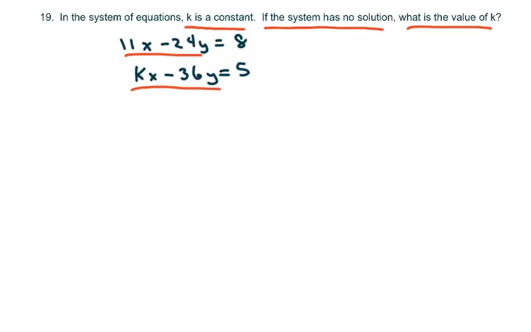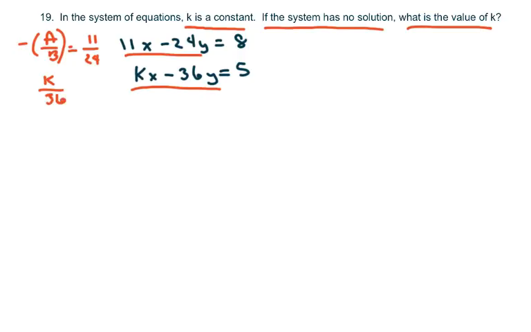So basically, you can rewrite them, or you know the slope is negative a over b. We know the slope of this one is going to be 11 over 24, and if you do this one, it's going to be k over 36.